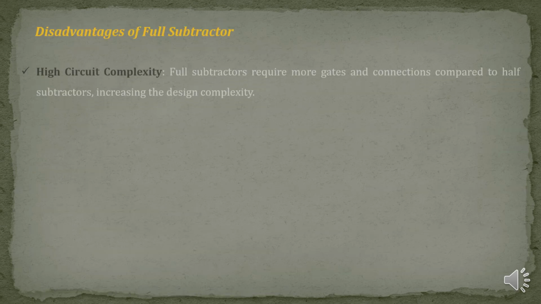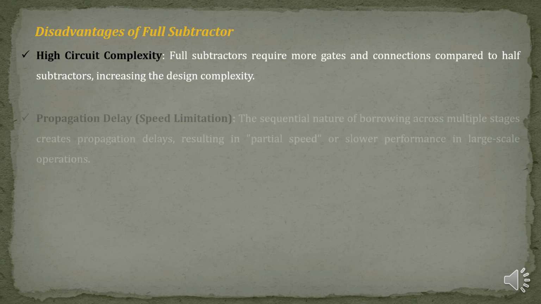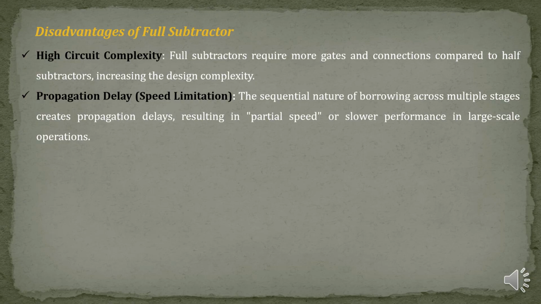Disadvantages of full subtractor. High circuit complexity. A full subtractor requires more gates and connections compared to the half subtractor, increasing the design complexity. Propagation delay. The sequential nature of borrowing across multiple stages creates propagation delay, resulting in slow performance in large scale operations.